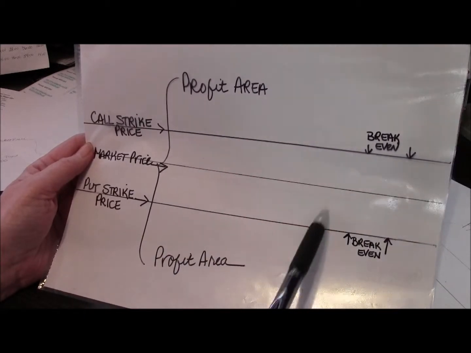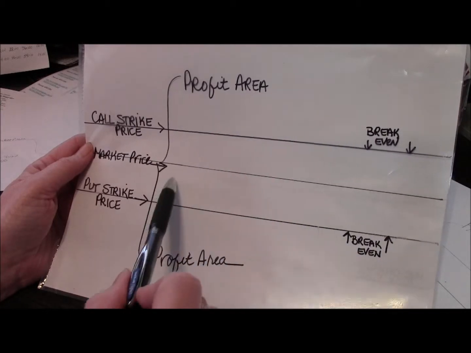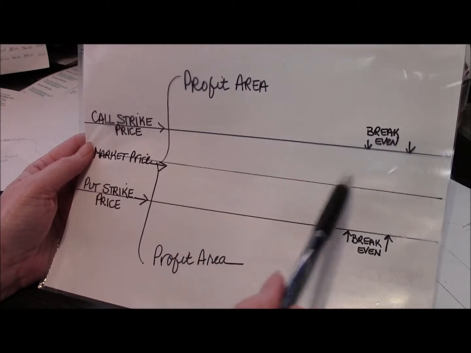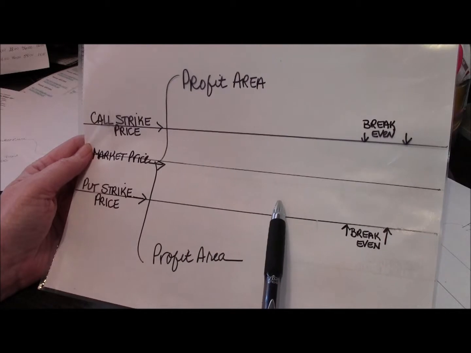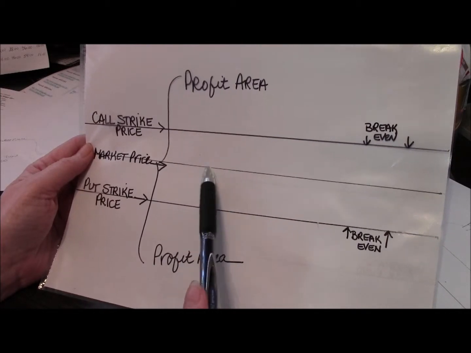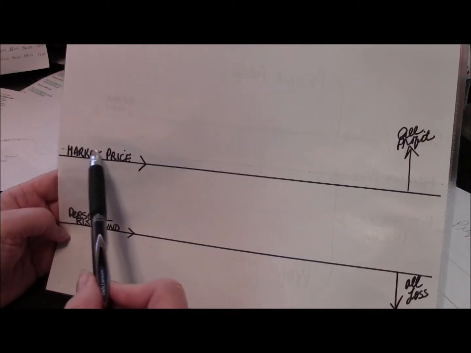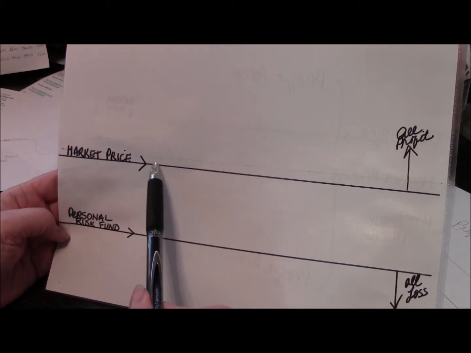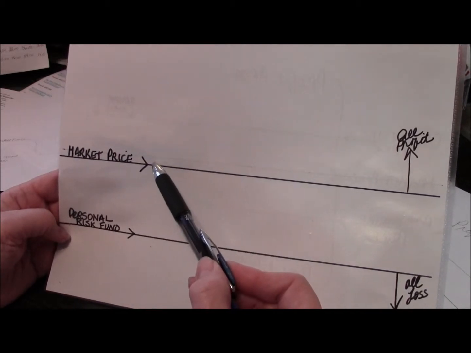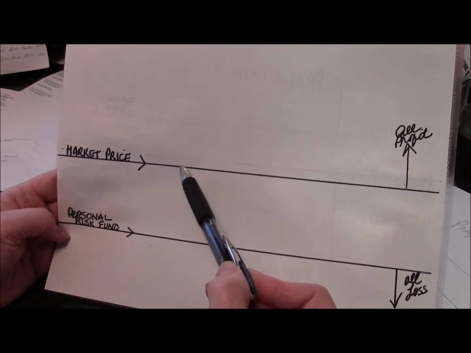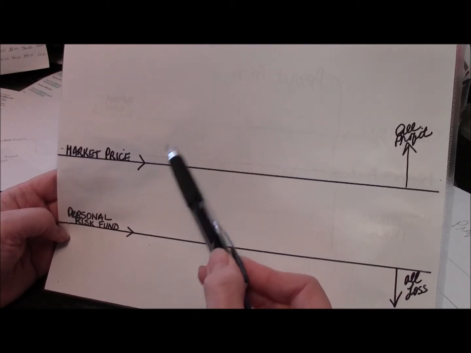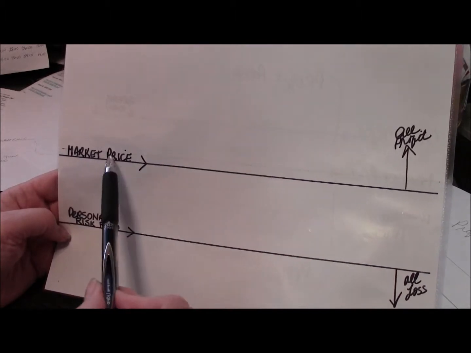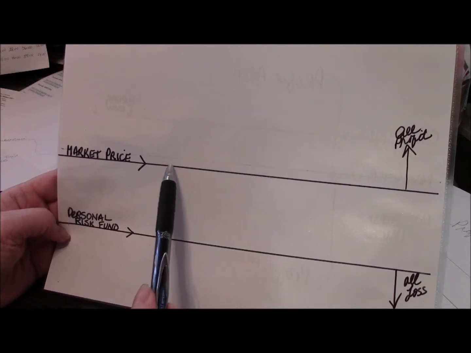Anything in here where it ends at a price anywhere in here, you lose. The house wins. They keep the money for the option, you get nothing. And by buying the stock and not the option, anything above your market price is a profit all the time, 100%. Except of course for your commissions.